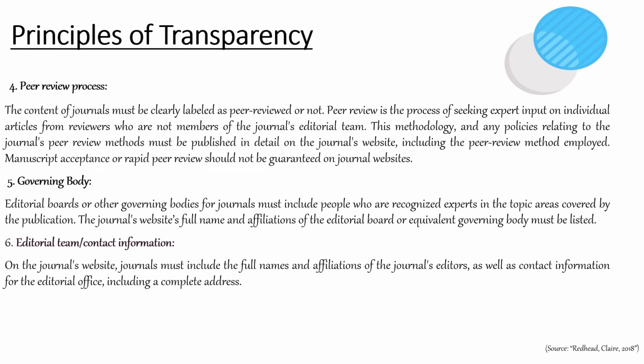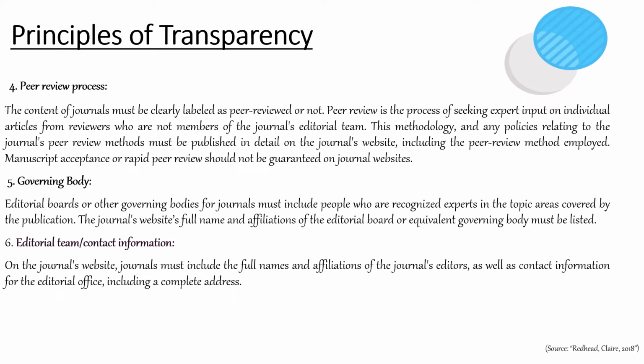The fourth point for transparency is the peer review process. The content of the journal must be clearly labeled as peer reviewed or not. Peer review is the process of seeking experts' input on individual articles from reviewers who are not members of the journal's editorial team.